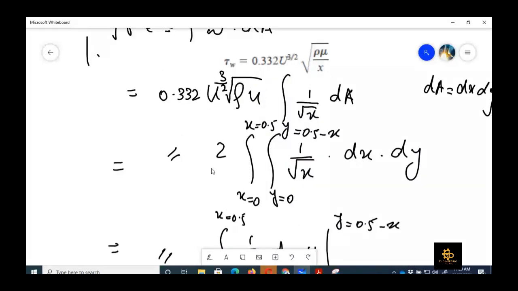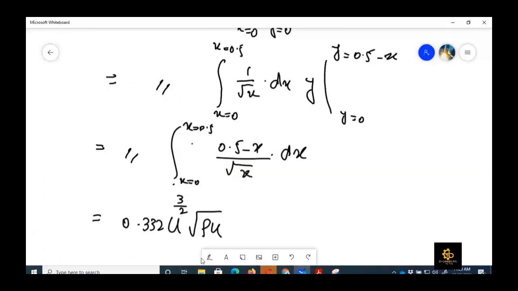Because we are doing the integration up till the center line, due to symmetry we have multiplied it with 2. So that 2 would come in, and then if we put the limit, it would be 0.5.